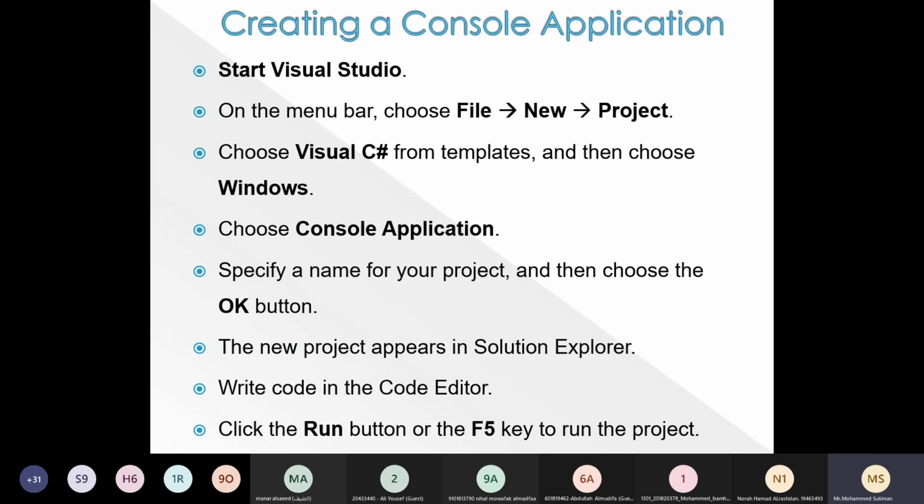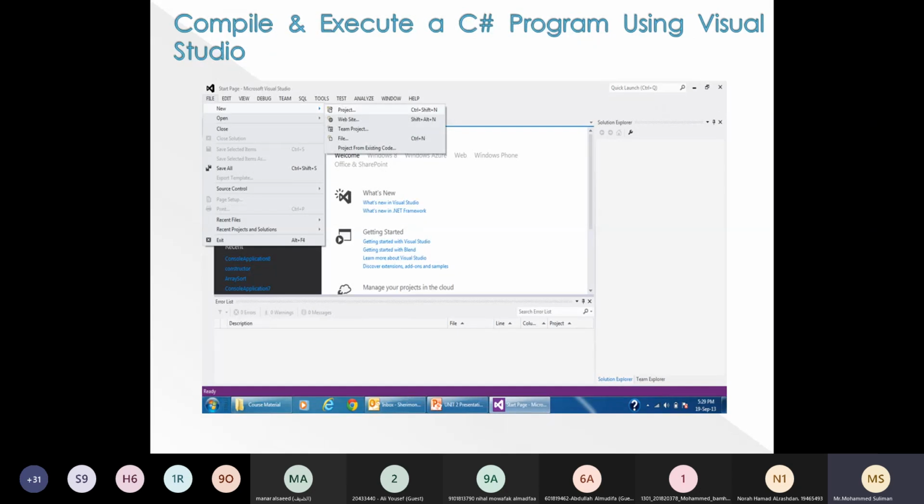You'll get a new project in the Explorer, where you can write the code, edit the code, and then there is a run button that you can press, or you can press F5 to run your program. So how that looks is something like this, Visual Studio.